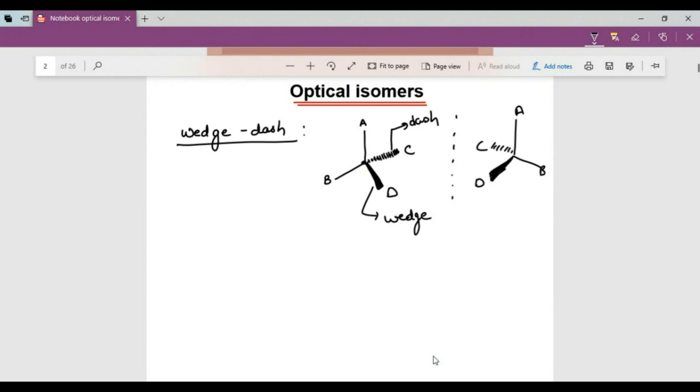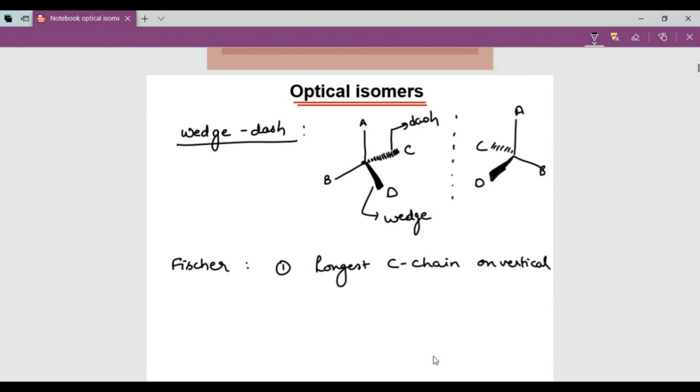Okay, the other representation that we'll use is Fischer representation. In Fischer representation, we always keep the longest carbon chain on the vertical line. Now let me tell you what this vertical line represents.